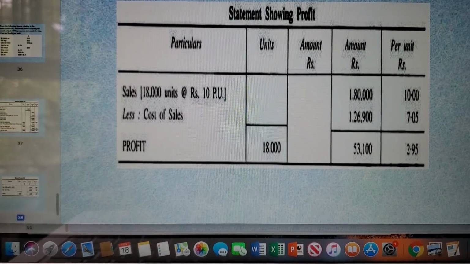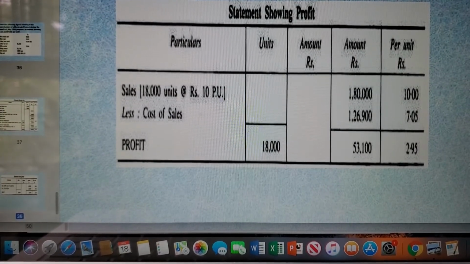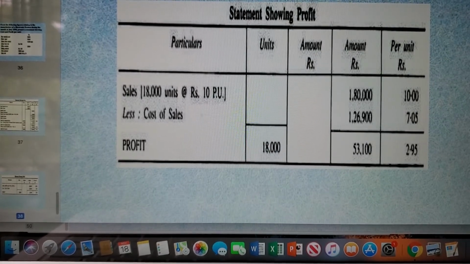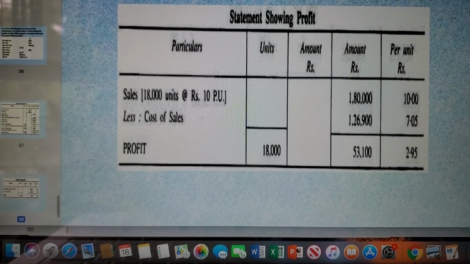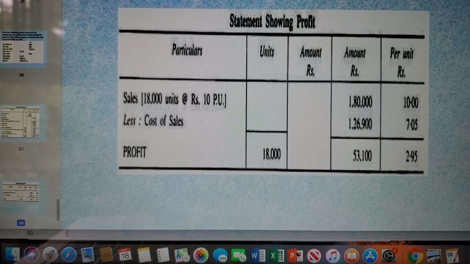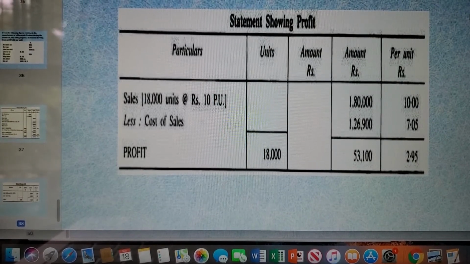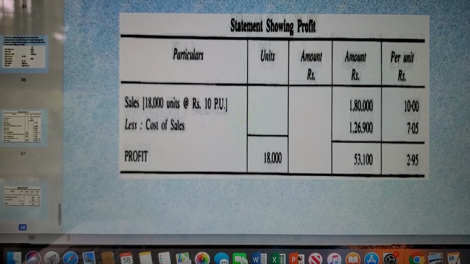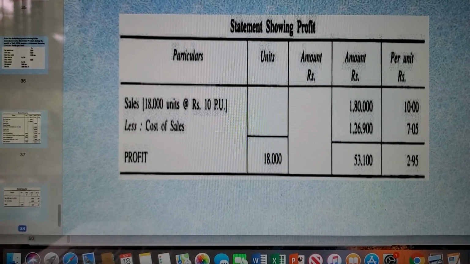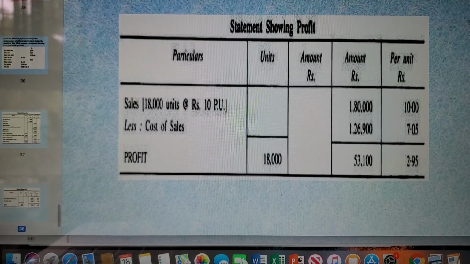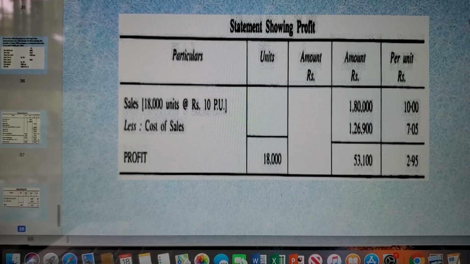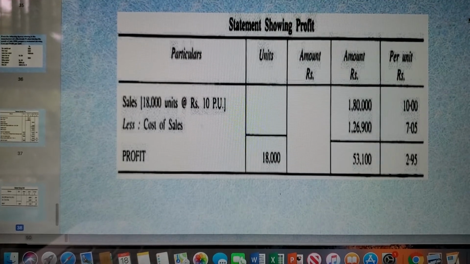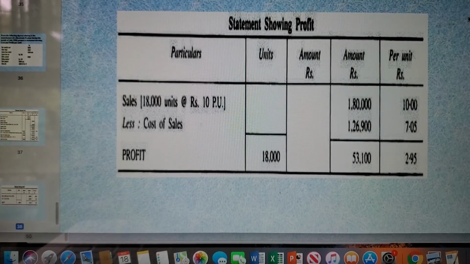Sales 18,000 units at rupees 10 per unit, and in the fourth column you write 1,80,000, that is in the fifth column you write 10. Next you less cost of sales. So in the fourth column you put 1,26,900, and in per unit you put 7.05.